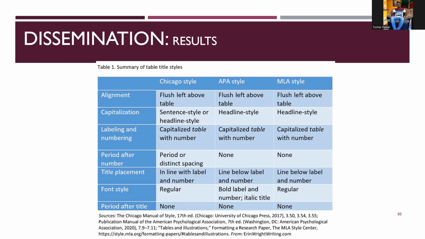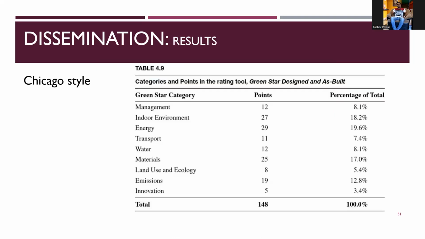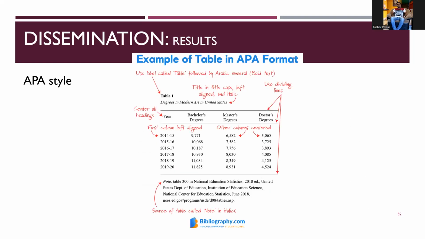Now I have the examples. Chicago style: Table 4.9, and the title has to come on the line below. Sentence case is given, and the other case, each word capitalized, headline style, is also given. This is APA style.